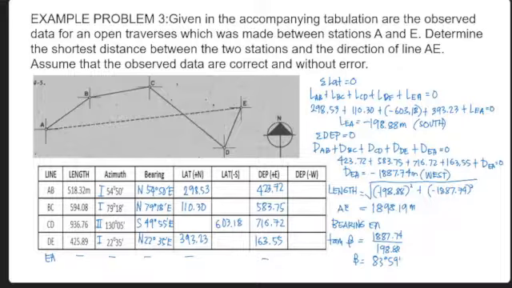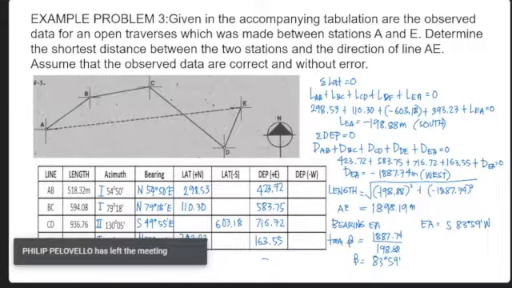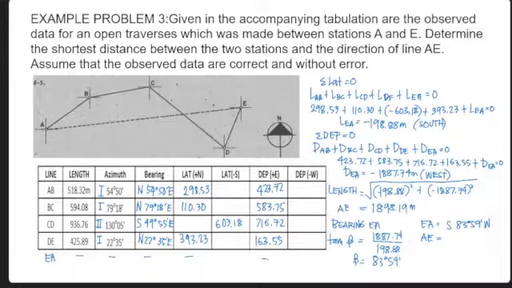Okay. So for bearing ni EA, this will be south 83 degrees 59 minutes west. But kung AE naman, yung bearing niya, this is north 83 degrees and 59 minutes east. Gets ba yan?